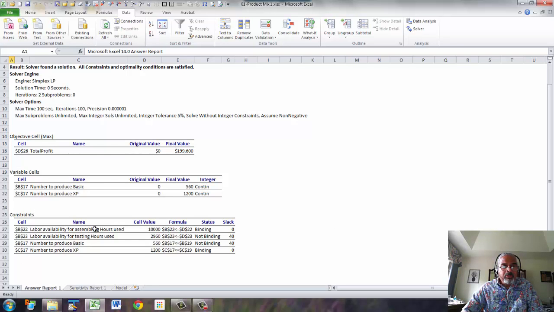You see, labor availability for assembly is binding, slack is 0. Labor for testing is not binding, slack is 40. Number to produce of Basic is non-binding, so slack is 40, and number to produce of XP is binding, so slack is 0. So that's what the answer report is about.